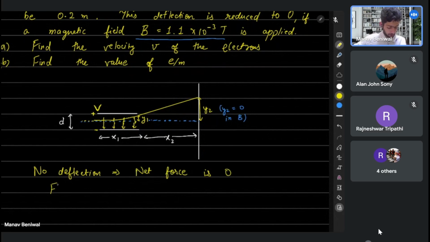Our net force F is QE plus QV cross B. If B is applied in the Z direction to cancel this out, then because this F is zero, we can write Q times E equals QVB, and these Q's will cancel out.